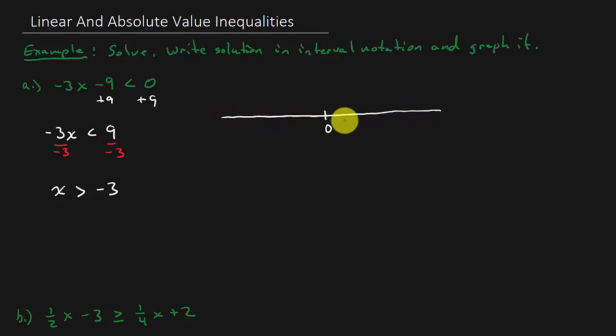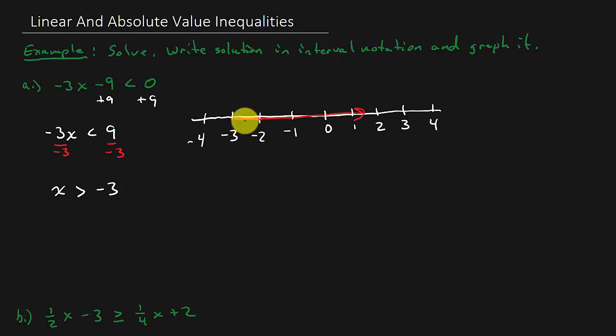I've got 0, 1, 2, 3, 4, negative 1, negative 2, negative 3, negative 4. To graph it, it says x is greater than negative 3. Greater than negative 3 is everything to the right, so from negative 3, it's everything to the right.